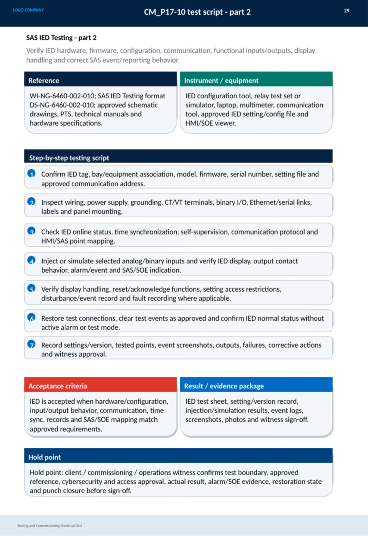Next, we check the device's online status, confirm time synchronization, and review communication protocols alongside the HMI and SAS point mapping. Following that, we perform input injections or simulations to validate the IED's display responses, output contacts, alarms, and event indications. We also test display handling features, including reset and acknowledge functions, access restrictions, and event or fault recording capabilities.